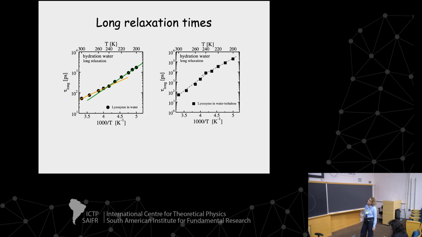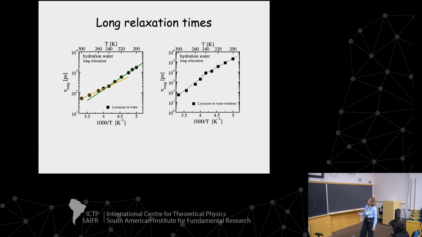So the long relaxation has a crossover. We will talk about this crossover, but the crossover is from strong to strong behavior. So the alpha relaxation is related to jumps. Long relaxation is related to jumps, okay? No structural relaxation. And lysozyme alone has a long time, but as you see in the range of temperature investigated, they arrive to 10 to the 5, 6, 10 to the third.